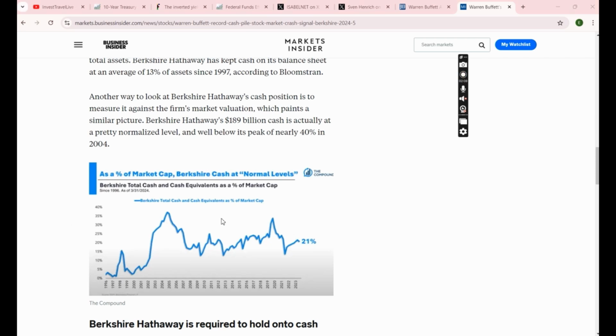So what are the ways to protect against a possibility of financial crisis? Well, we could be looking at having more cash and more in bonds rather than in risk assets. If you read the book The Intelligent Investor, Benjamin Graham has a 75-25% rule.